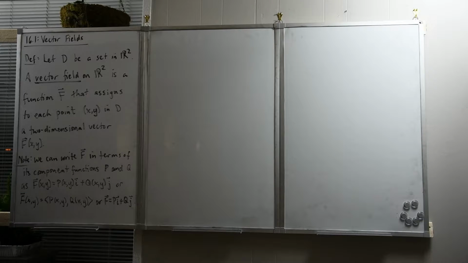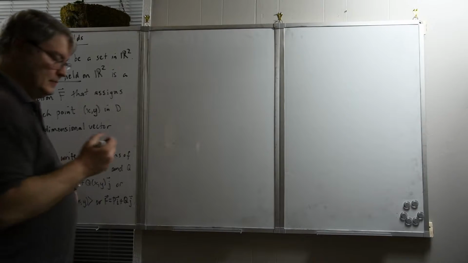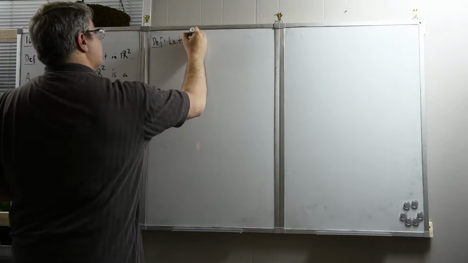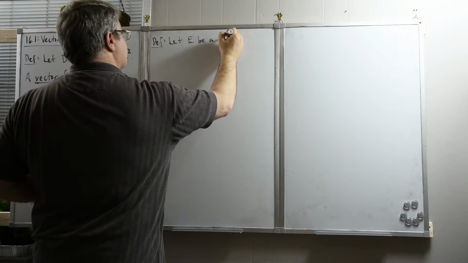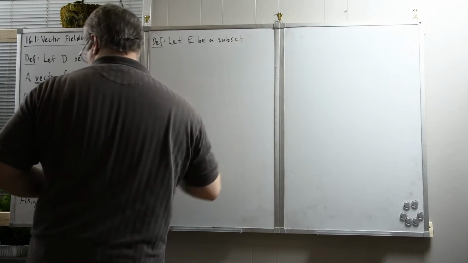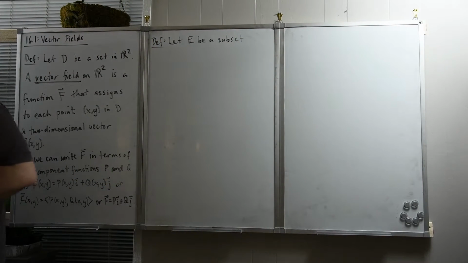Alright, so we can do the same sort of thing in 3 dimensions. We have a definition for a vector field on R3 as well. So once again, we're going to let E be a subset of R3.